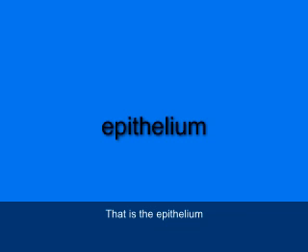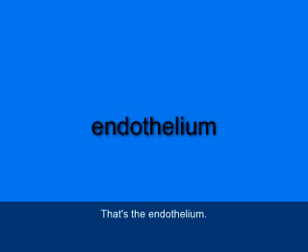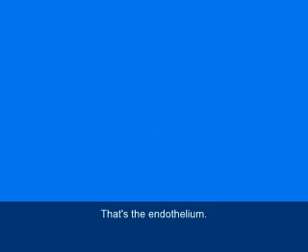What is the other type of epithelial tissue that lines the blood and lymph vessels, body cavities, glands, and organs? That's the endothelium. And finally, what is the general category of tissues that support and connect organs and other body tissues?